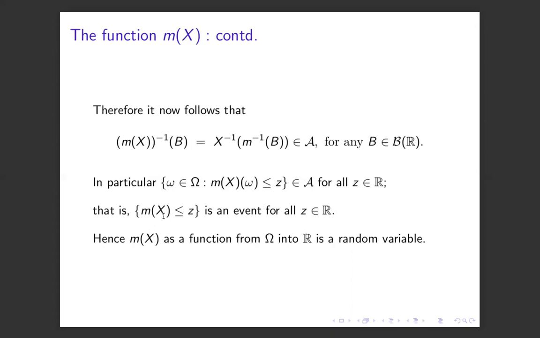In the discrete random variable case, these things were easy to show. You didn't have to bother about what kind of function m or X is, because after all, your function takes only countably many values. So the upshot of this is that mX as a function from Omega into R is a random variable.